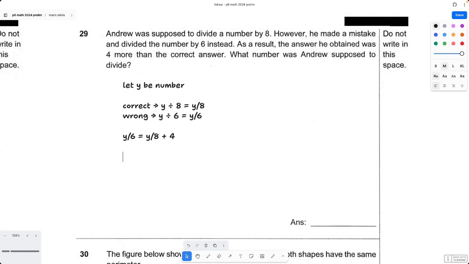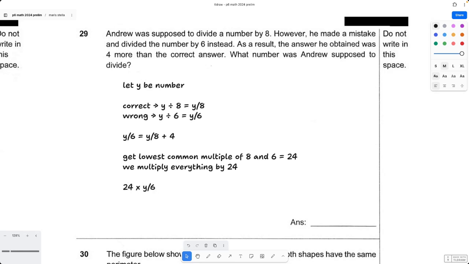So that means let's get the lowest common multiple of 8 and 6, which is equal to 24. And then we multiply everything by 24. So 24 times y over 6 is equal to 24 times y over 8 plus 24 times 4.